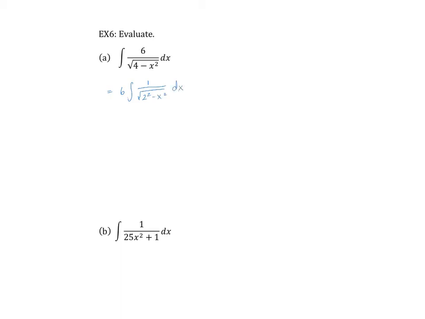Okay. So I can see that the a that I'm using is 2. And then I just plug it in. This is going to be equal to 6 times, this would be sine inverse of x over 2. And since it's an indefinite integral, I have to remember my constant. Okay, and I'm done.